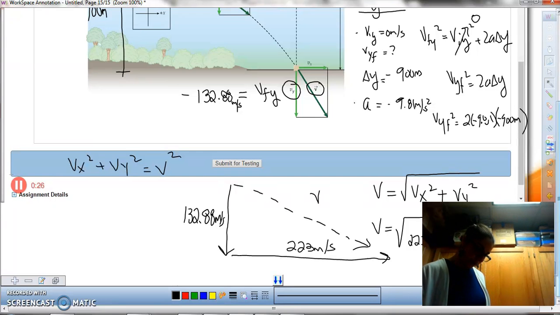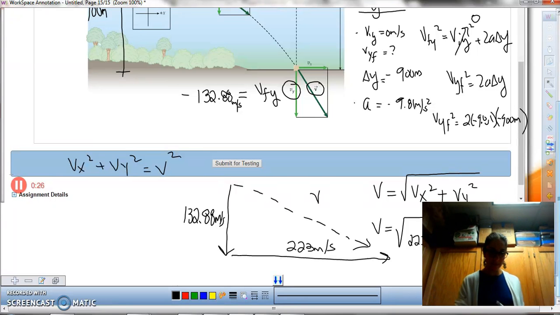So I'm calculating the value now, and I get V should be somewhere larger than that, and I do. I get 259.59 meters per second. So I just calculated the hypotenuse right here, 259.59. Now that's the speed at which it hits, but it's good to know this angle right here.